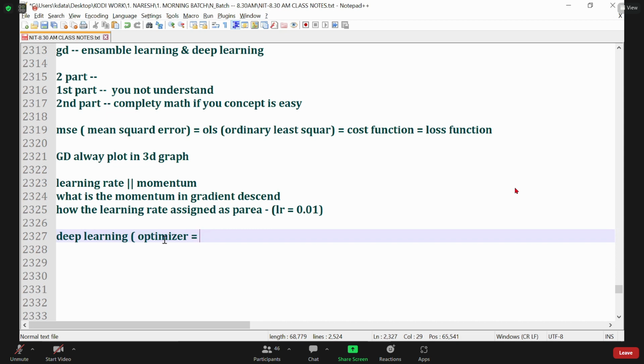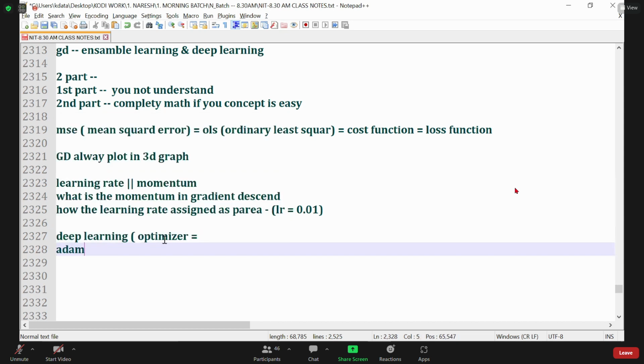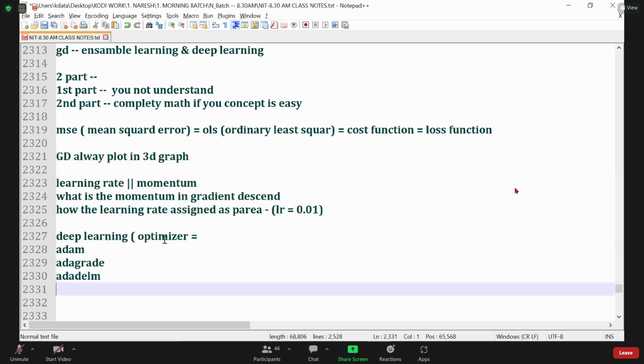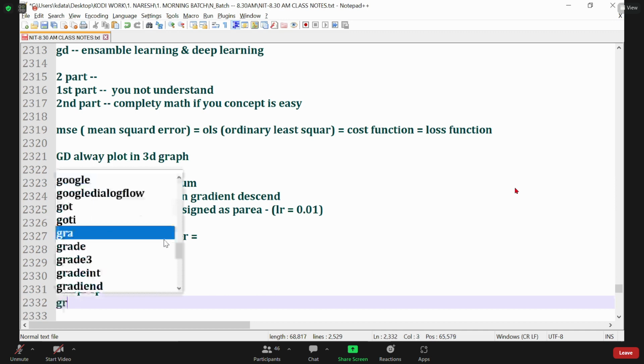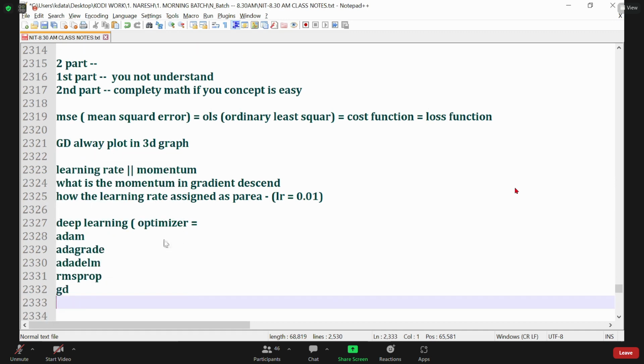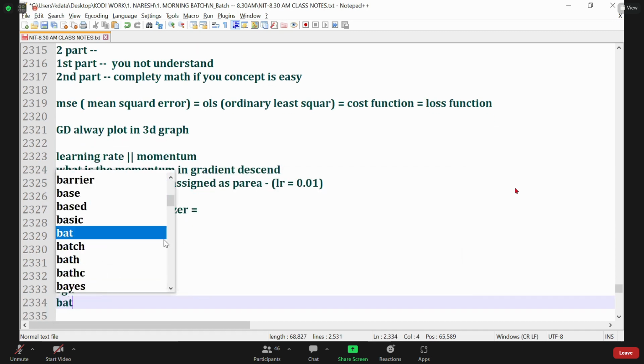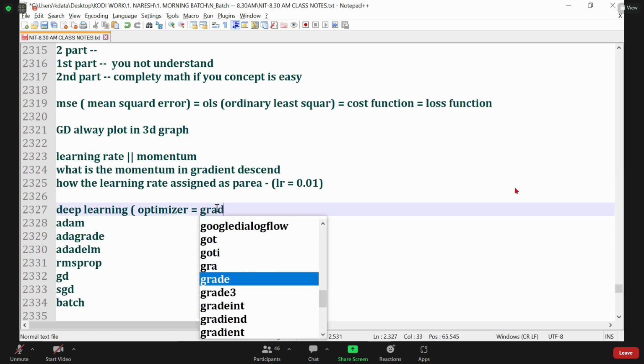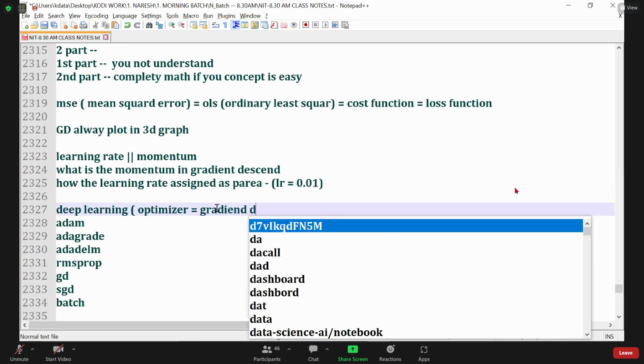So what is the optimizer? In deep learning, we have a few optimizers: Adam, AdaGrad, AdaDelta, RMSprop. And then we have gradient descent, stochastic gradient descent, and batch gradient descent. So in deep learning, we use these optimizers.